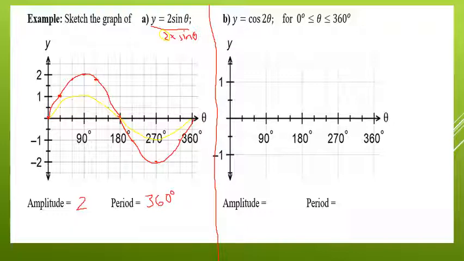Okay, this next one we probably need to use our calculators to work out values. We're looking at cos of 2 theta. For example, if I put 30 degrees in here, this becomes y equals cos of 2 times 30, so that makes it cos of 60.